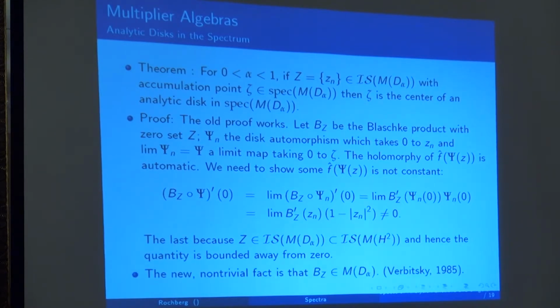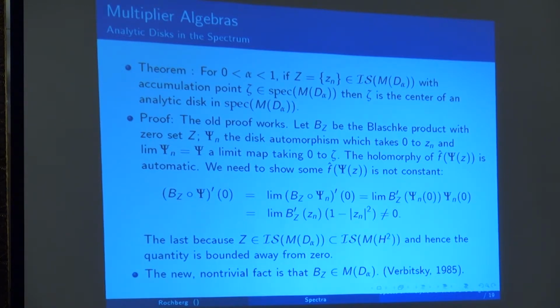That proof is fine, except when you stop and think about it for a second, I really needed b sub z to be in the multiplier algebra. And it's actually not clear at first glance that it is. Blaschke products are in the Hardy space, and Blaschke products are in H infinity just because they're bounded analytic functions. To get into the multiplier algebra of D alpha, you need more.